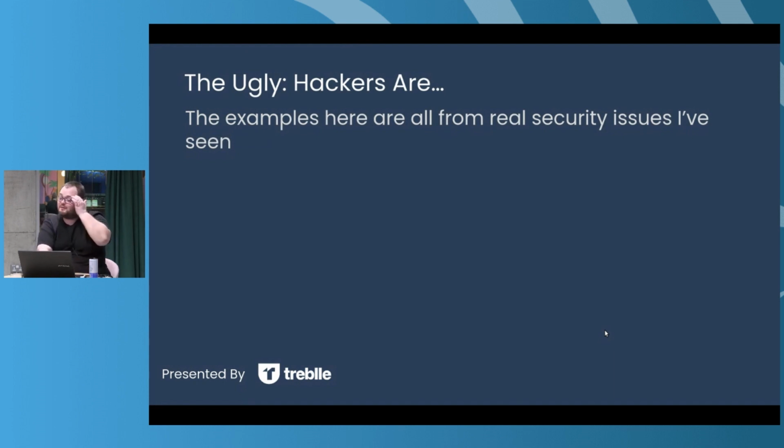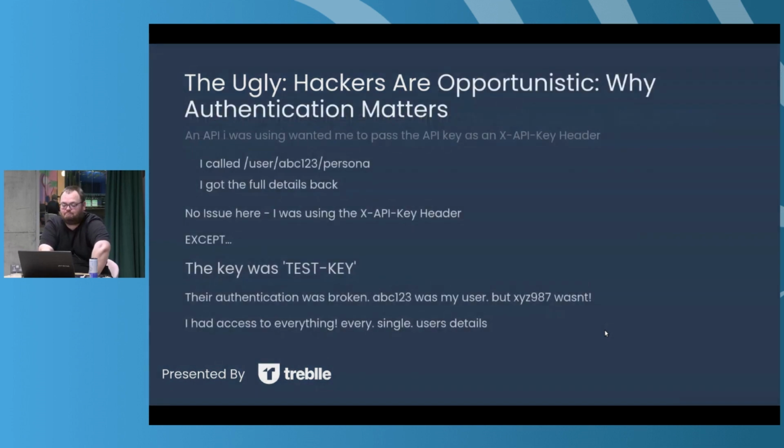So now on to the ugly. Every single one of these examples I've seen in a live API. An API I was using wanted me to pass the API key in the X API key header. So I called their API and I got the full details back. That was great. I was using the X API key header, except I'd forgotten to take out some test data, and I still got a response.